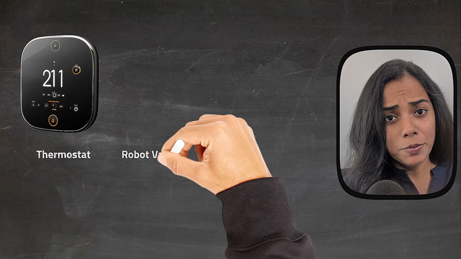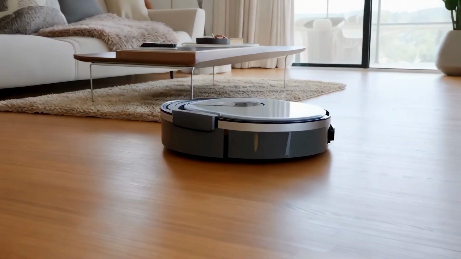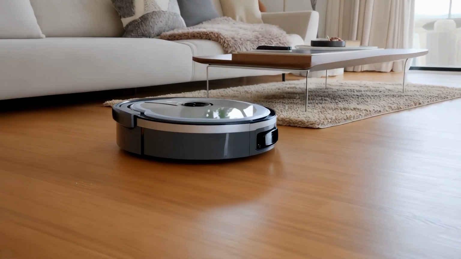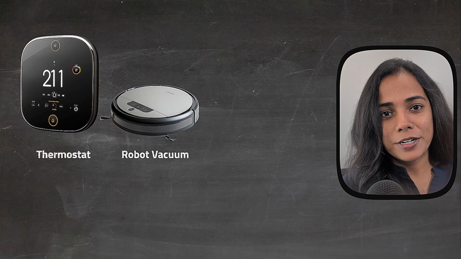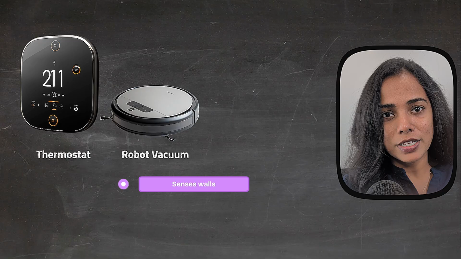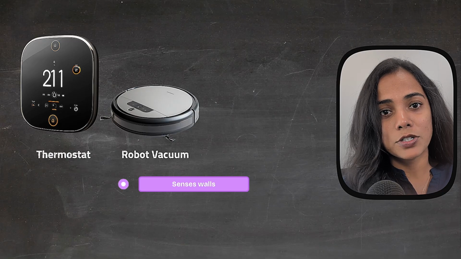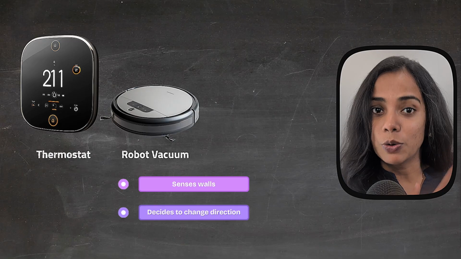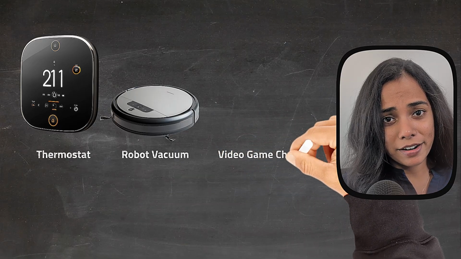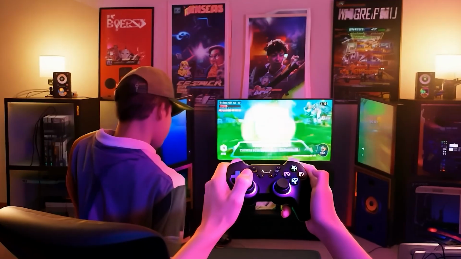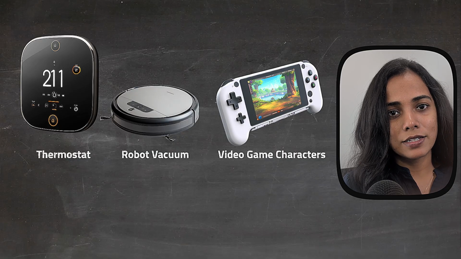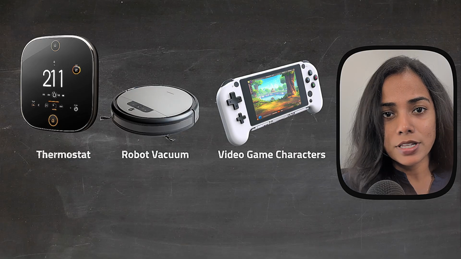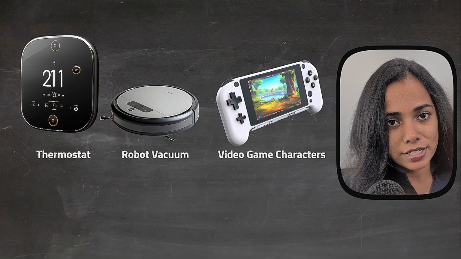Your Roomba vacuum, which senses obstacles and hits them for the 100th time and goes around, is also an agent, where it has a sensor to see where it is and that helps it to decide where it needs to go next. Even video game characters that have very basic rule-based logic to sense their surroundings and make decisions are essentially agents.